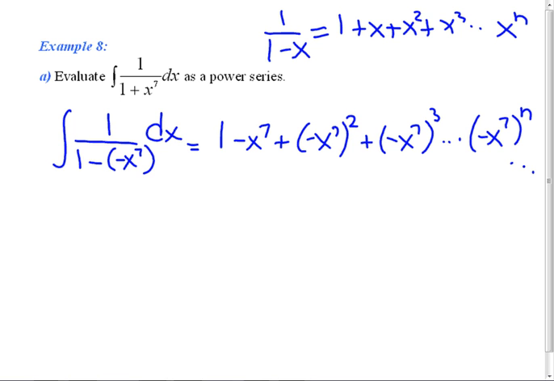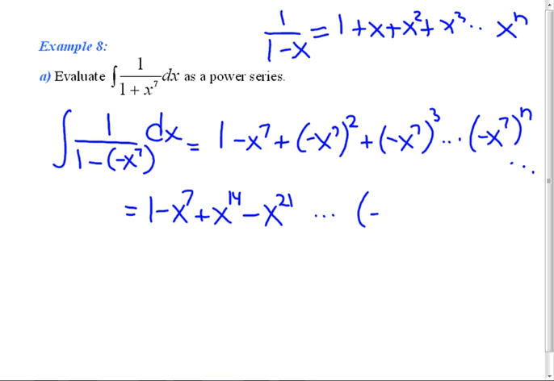I don't know what it is. It's not an inverse tangent. So I'm going to have to leave the c there. So I'm going to simplify this. What's this going to be? No, x to the 14th. What's the next one going to be? Minus x to the 21st. We'll talk about what x can be.